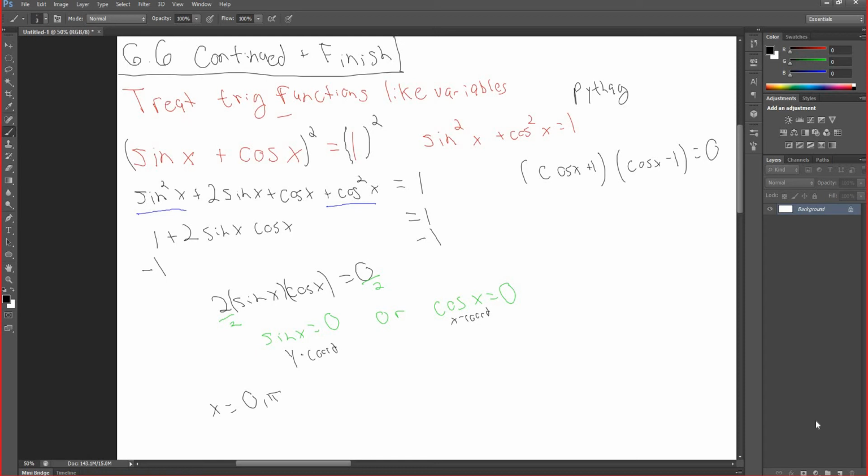Pi over 2 and 3 pi over 2. So these are just using our unit circle and looking for where the x-coordinate is 0, which is at pi over 2 and also 3 pi over 2, since the period is 2 pi, and looking for where the y-coordinate is 0, which is right at 0 and at pi.